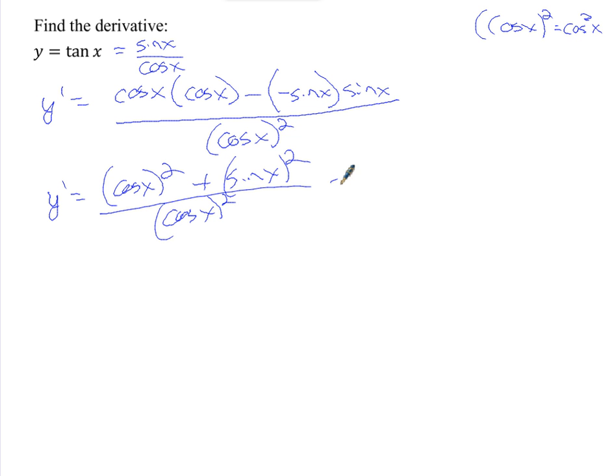If I rewrite this as sine squared x plus cosine squared x, which is what that is, over cosine squared x, the numerator becomes what? 1. So now we have 1 over cosine squared x. What is 1 over cosine?